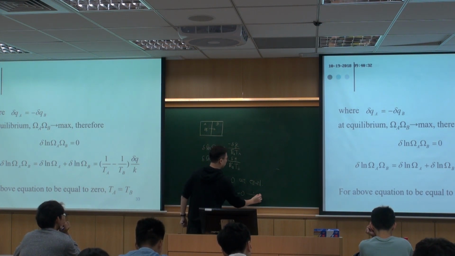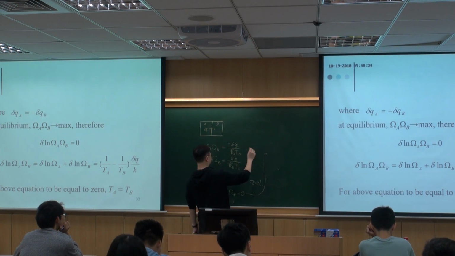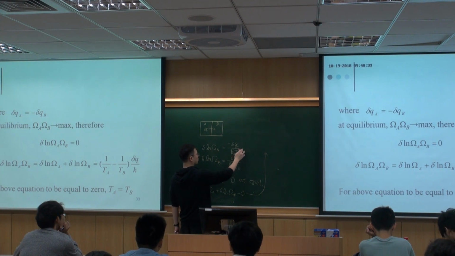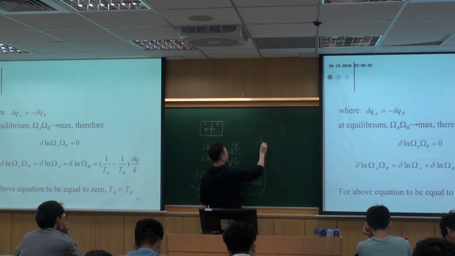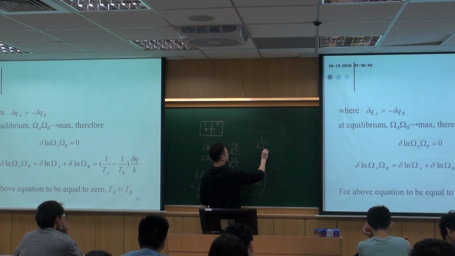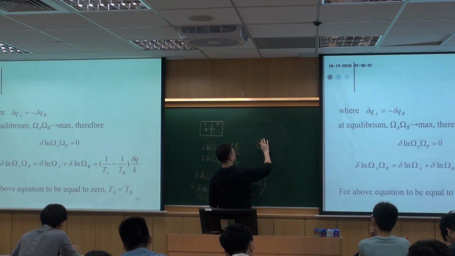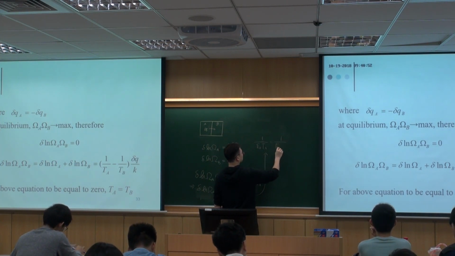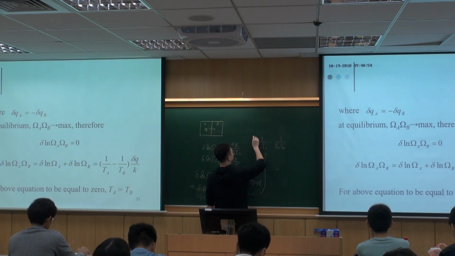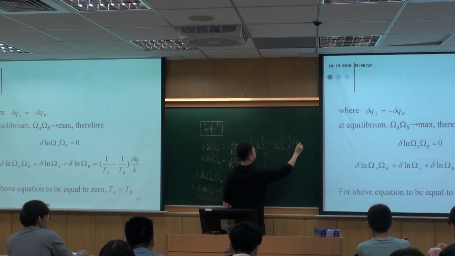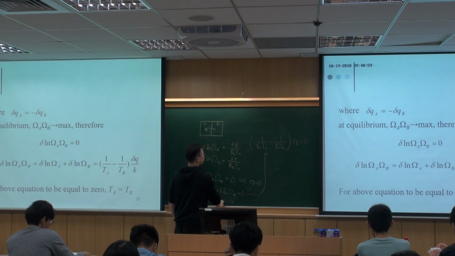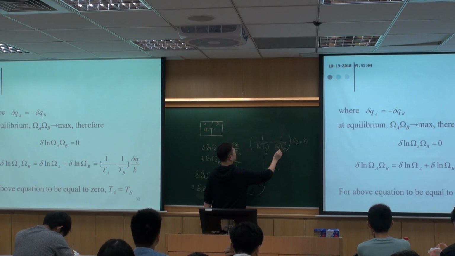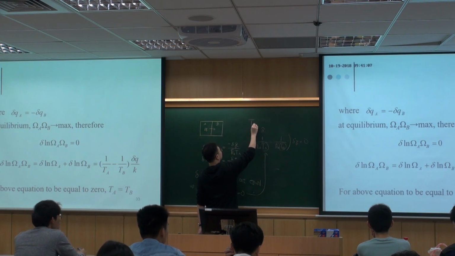Then this tells us that if you add these two together, this is 0, right? So essentially, what we have is TA is TB.